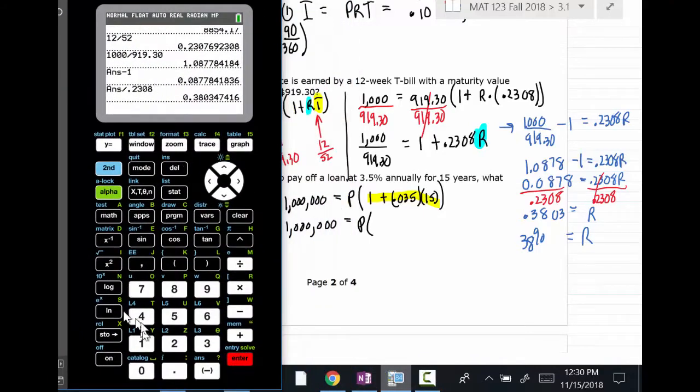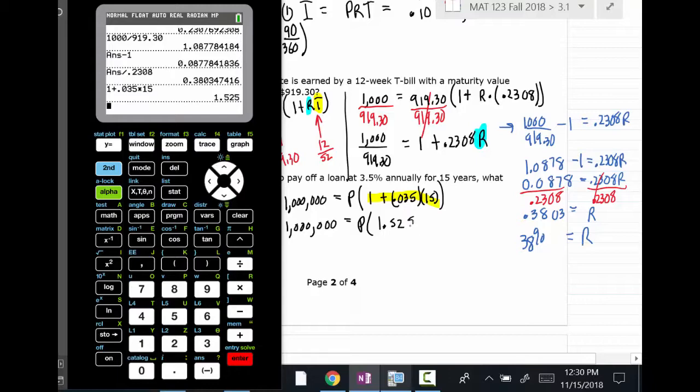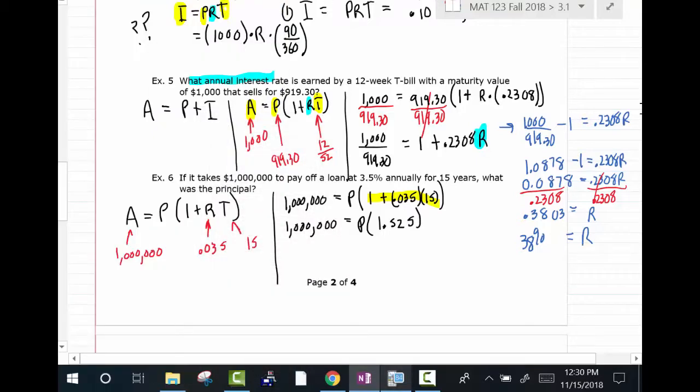and do this. So we're going to have 1 plus 0.035 times 15. The more decimals you put in, the better. So we'll just put them all in. That's 1.525. Okay, last thing you need to do is what? Got to get P by itself, so what do?